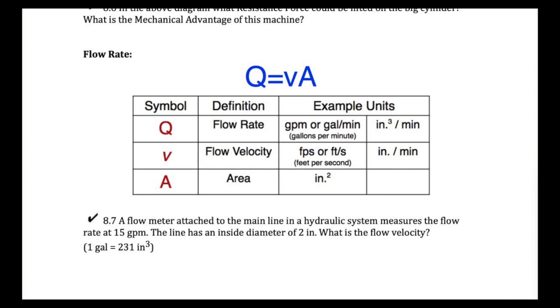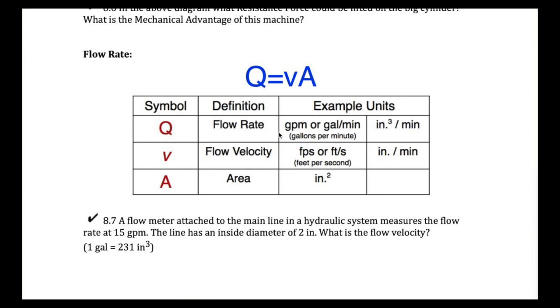We have flow velocity, which is in inches per minute. It's like meters per second, or feet per second, or miles per hour, or something like that. And the area is the cross-sectional area, which of course we want to still be in inches squared. So we've got to make sure that our units are somewhat correct here when we're doing these problems.